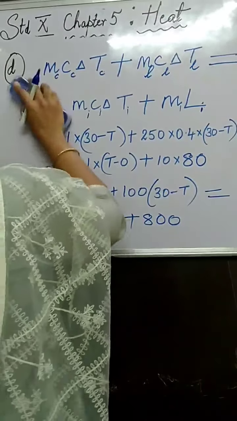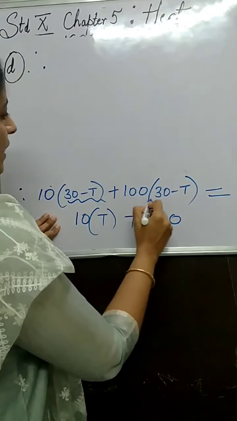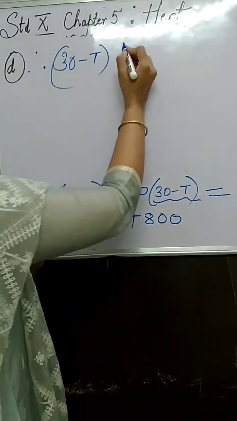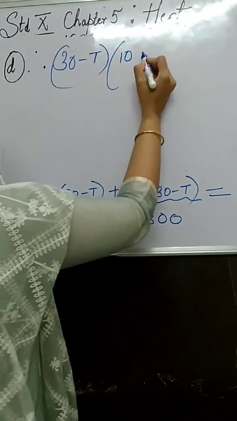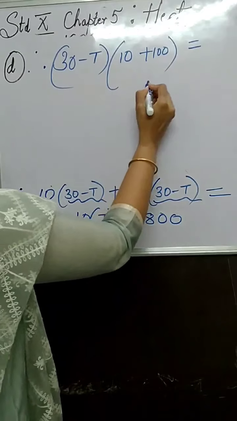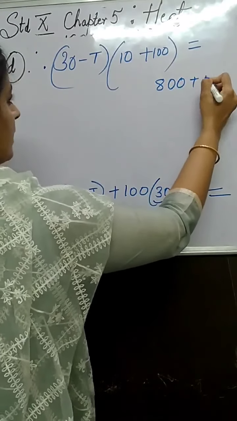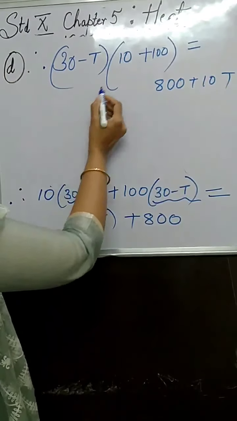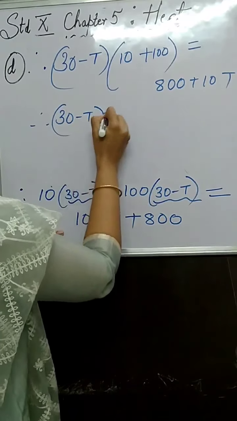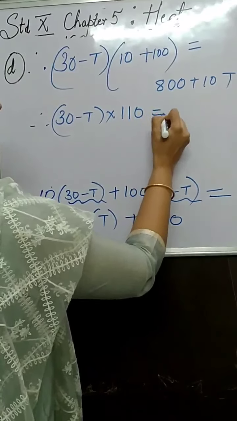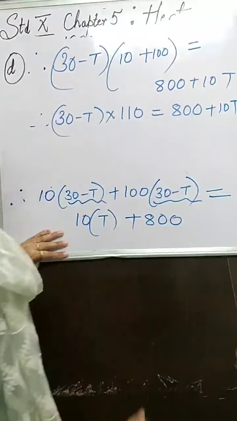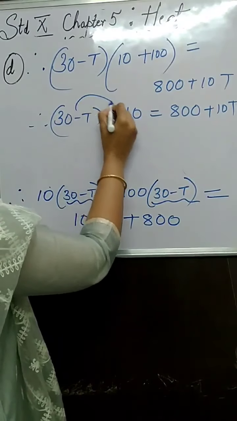Solve the remaining part. 30 minus T common I will take. What will remain is 10 plus 100 is equal to 800 plus 10T. Fine? Now 100 plus 10 will be, 30 minus T multiplied by 110 is equal to 800 plus 10T. Fine. And now open the bracket.